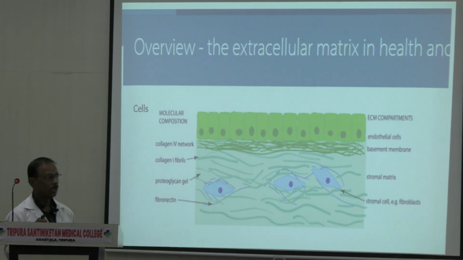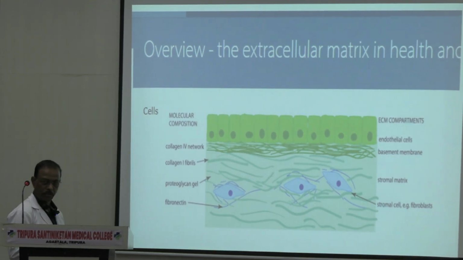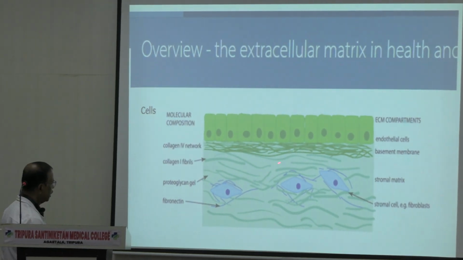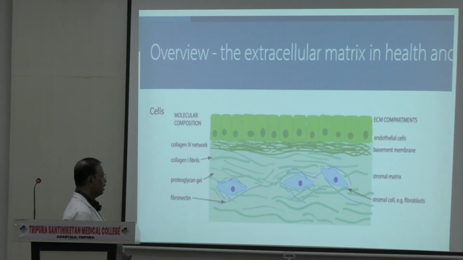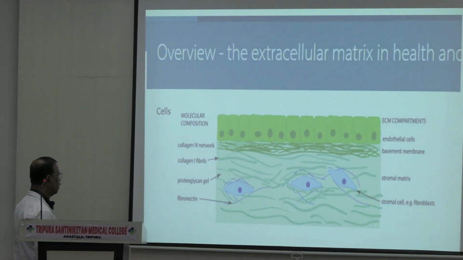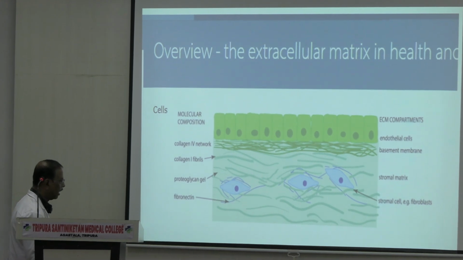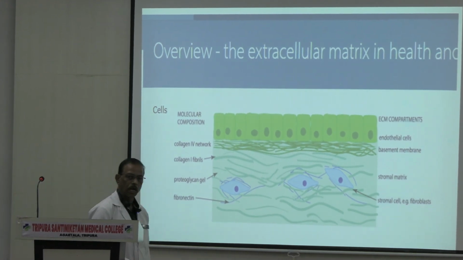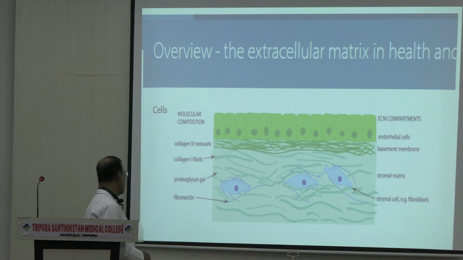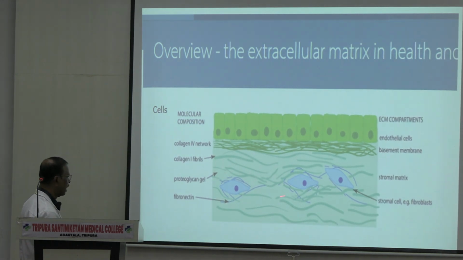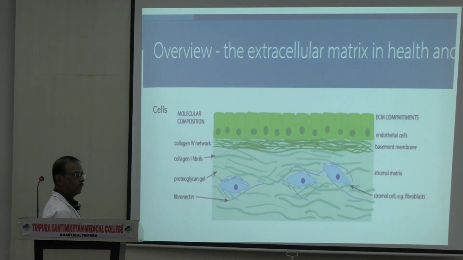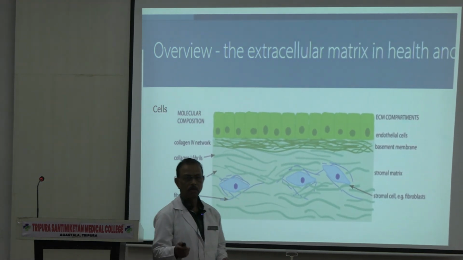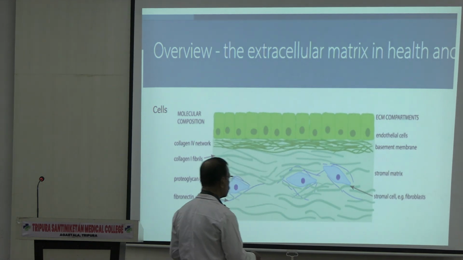This is called the basement membrane, and inside these things, this is the stromal matrix. They contain cells, proteoglycan, this light green one, proteoglycan gels. Then here and there you can find fibronectin, collagen fibrils. They are in the stromal matrix.